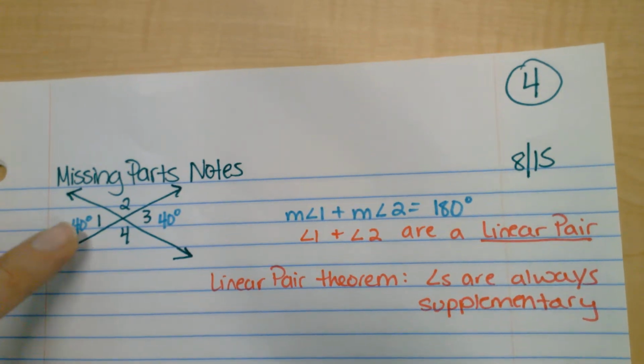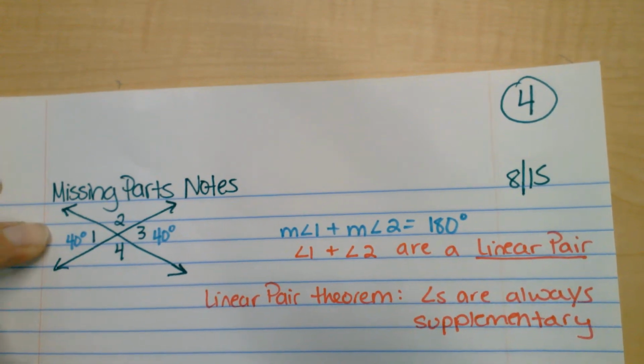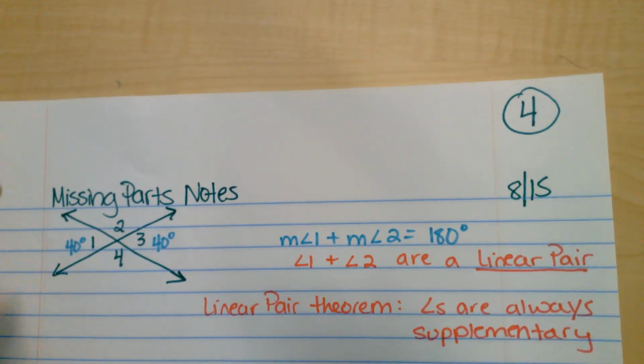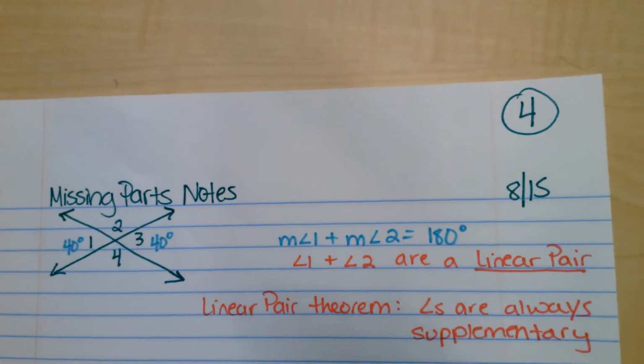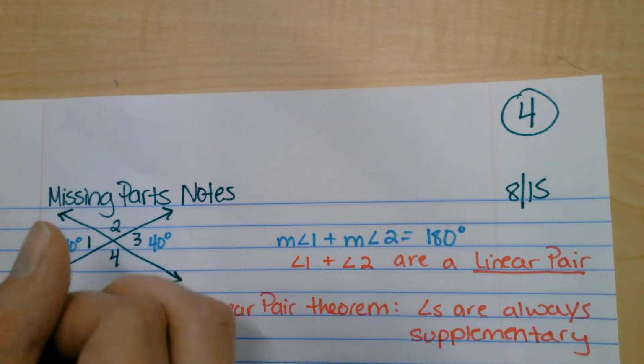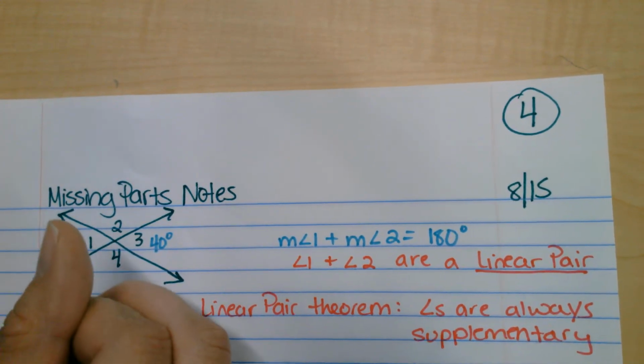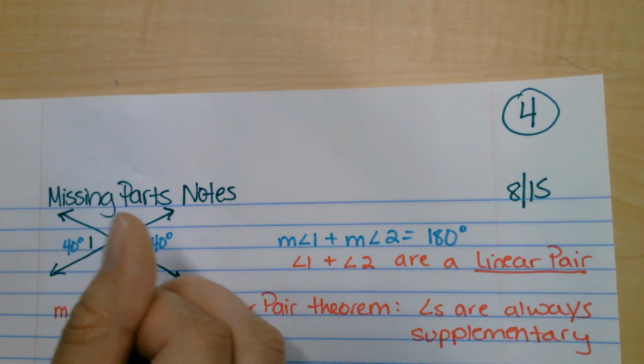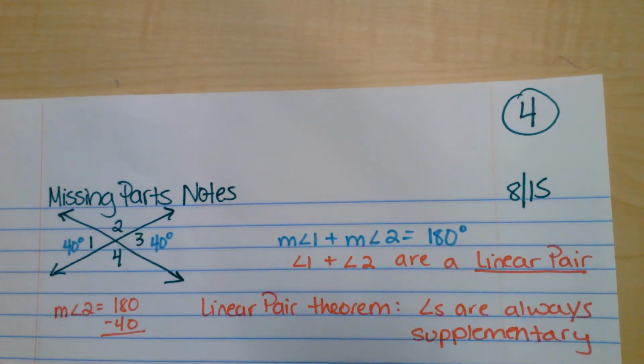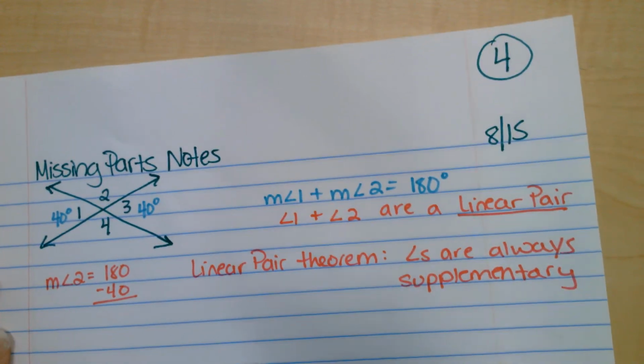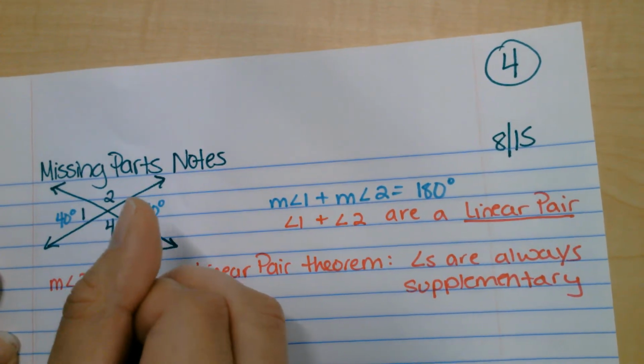So how would I actually find angle 2 if I know that angle 1 is 40? Yep, that's what we would do. So let's go ahead and do that. Measure of angle 2 is equal to 180 minus 40, which gets us 140.